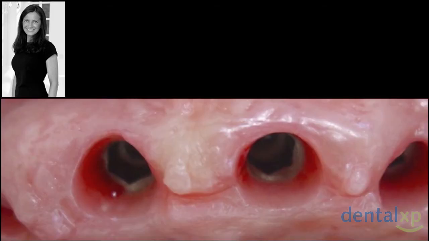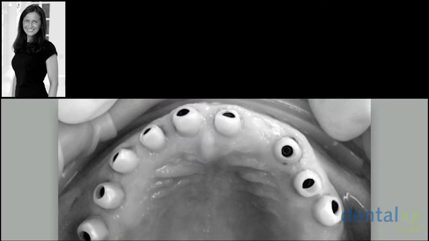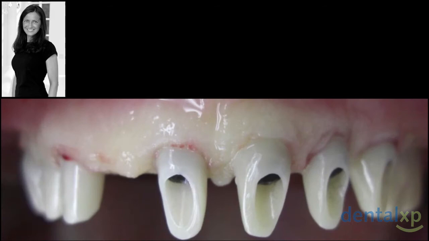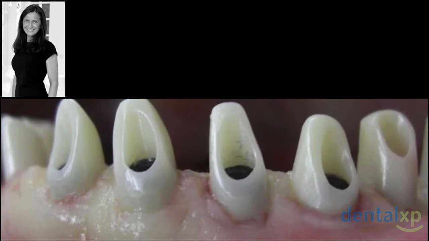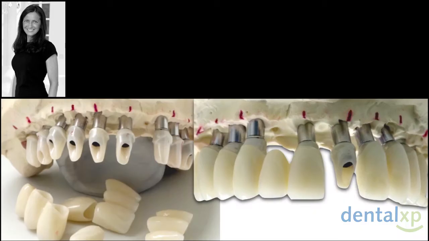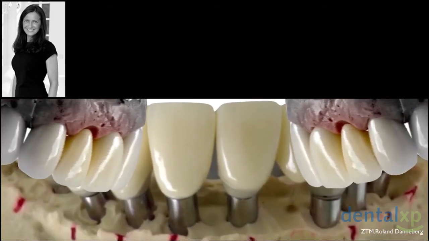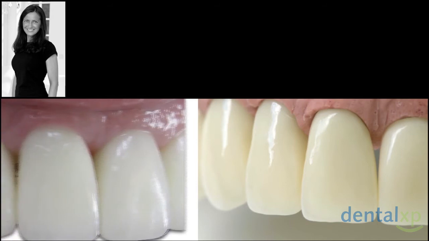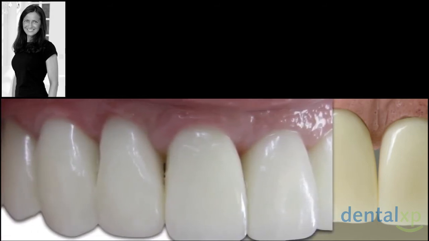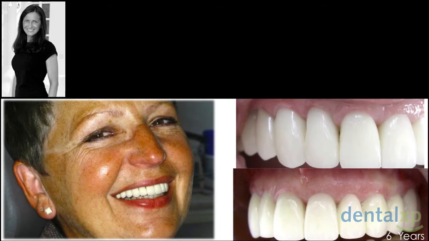The predictability is high, and then we can apply this rule of transforming the concave profile into a slight convex one in between the abutments, and you can see how the abutments are modeled, how the profile of the crowns is, where the contact points between the crowns are physiologically, and therefore the situation that you have in the model you will find also in the mouth. And after 6 years there is no change.